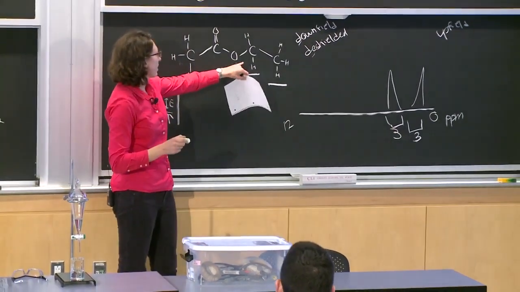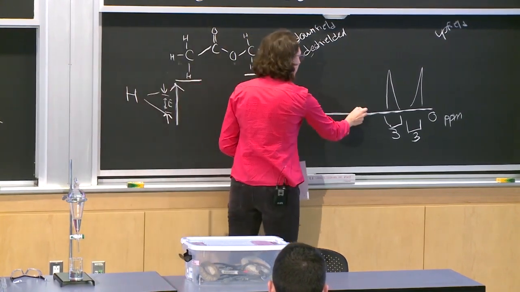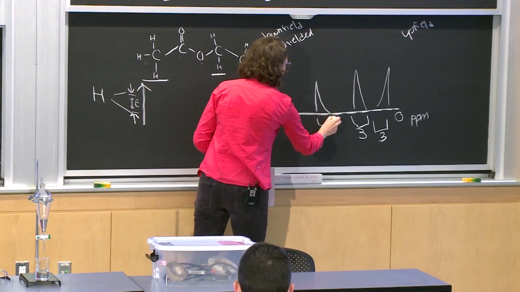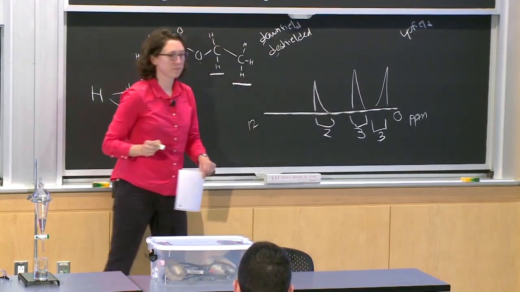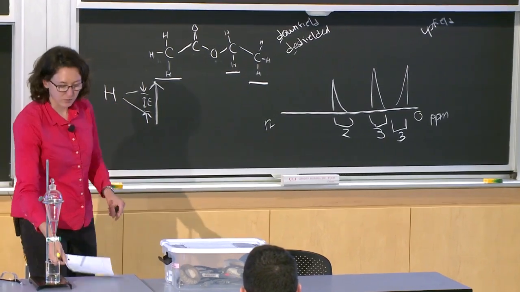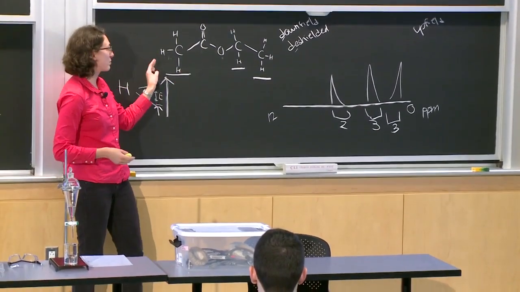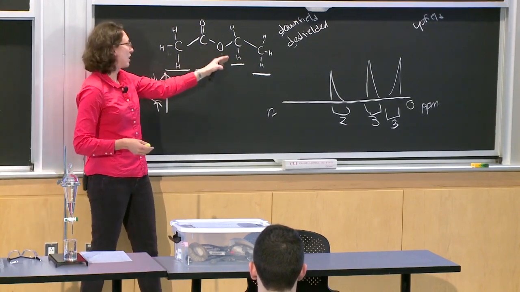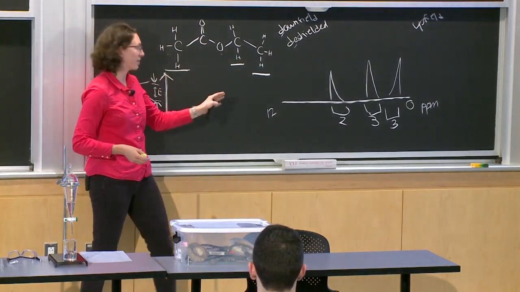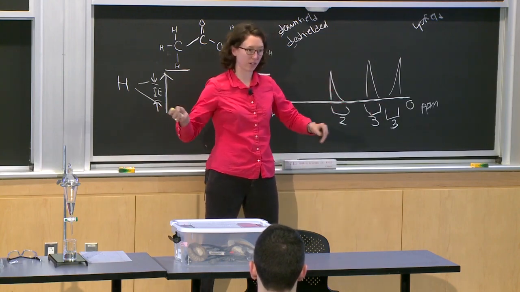And so that leaves our methylene group over here that will have another signal that's further downfield, and this one will be 2 protons. So already you can see that there are different ways that you can use this to identify your molecule. So if you count up the number of different unique protons there are, then you can look at the number of signals you see, and that is one way to identify your product.